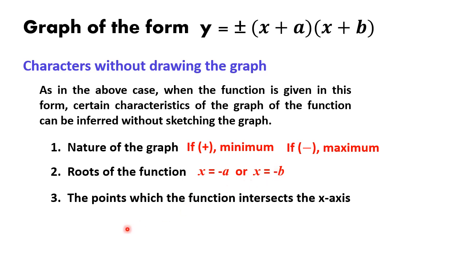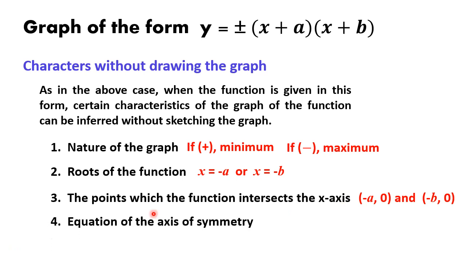Therefore, when you write the coordinates of the intersecting points with that value of the roots, it's going to be minus a comma 0 and minus b comma 0. That means root comma 0 and the other root comma 0. These are the coordinates of the points where the graph cuts the x-axis.